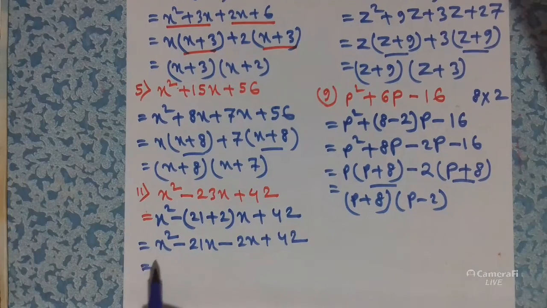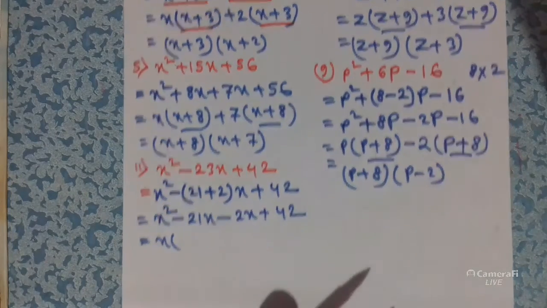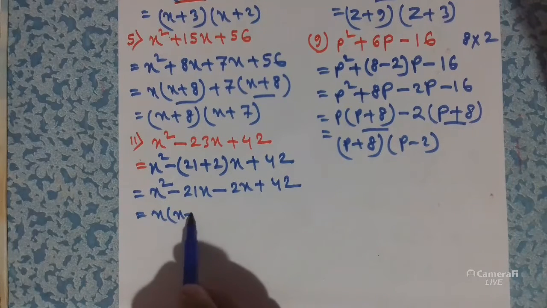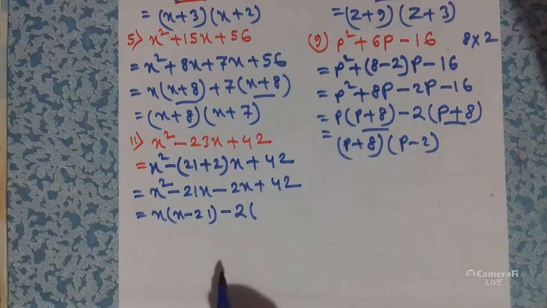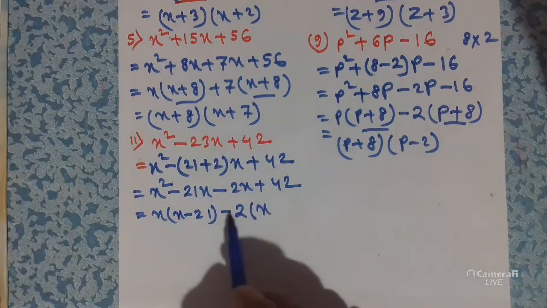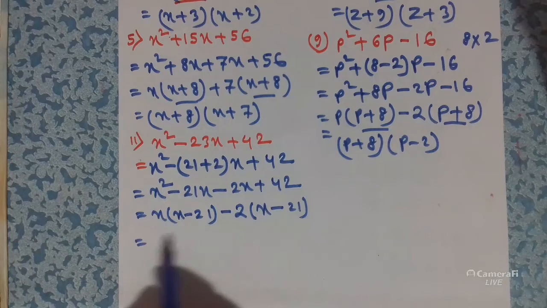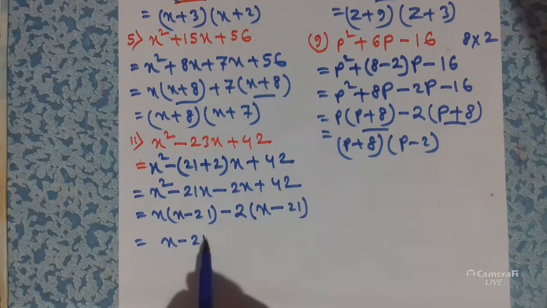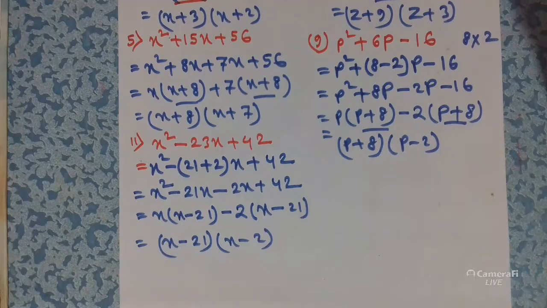Now from the first two terms we have to take x as common, so here x minus 21 will be left, and from the last two terms we have to take minus 2 as common, so here x and minus minus 42 divided by 2 is 21. So again we can take x minus 21 as common, so here x and here minus 2 will be left. So x minus 21 and x minus 2 is the answer. Next problem.